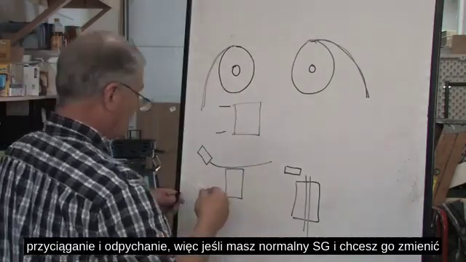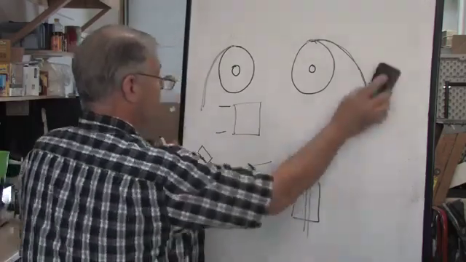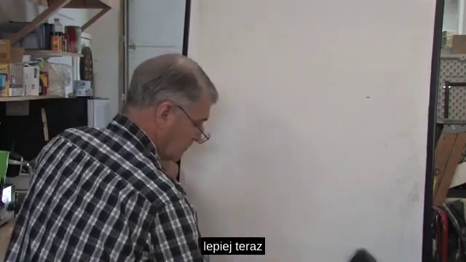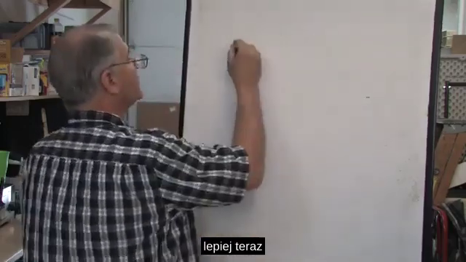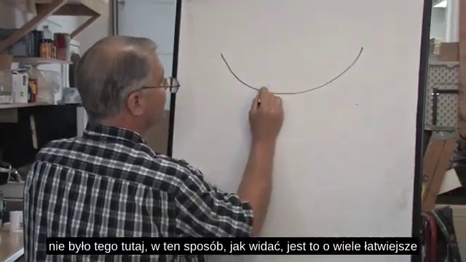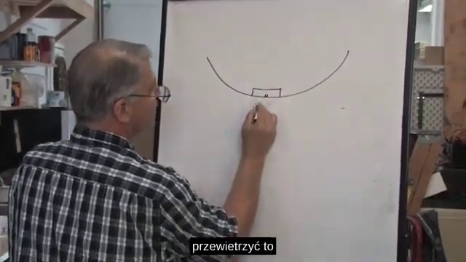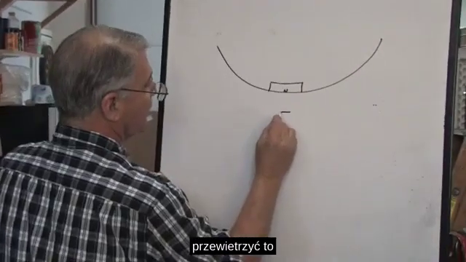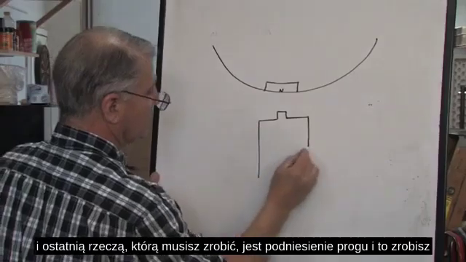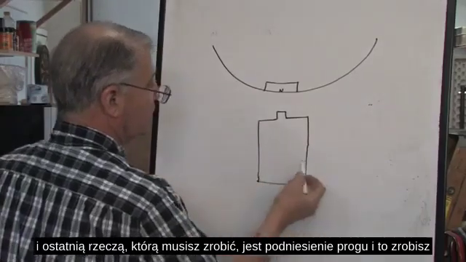And so if you got a normal SG and you want to change that, we'll just blow this up. And you have a north magnet here, right? And then of course your coil. And you've wound this.